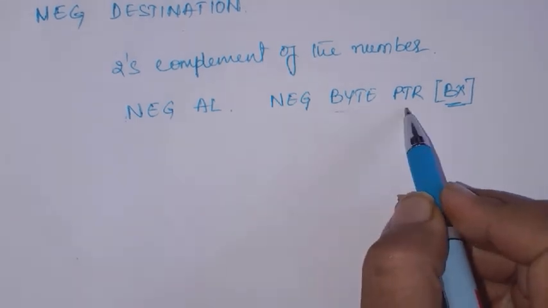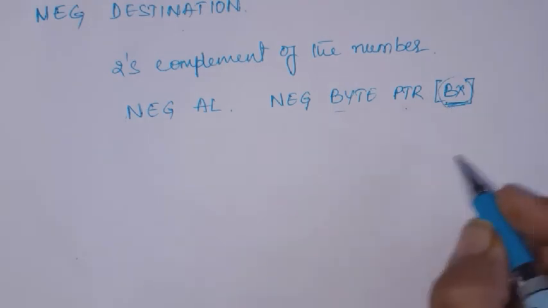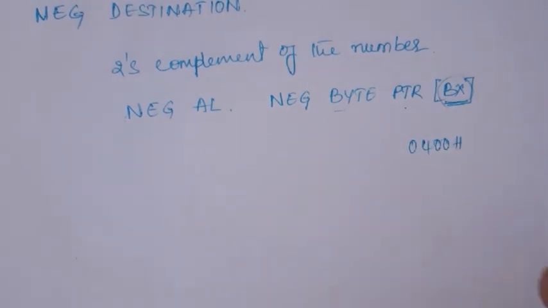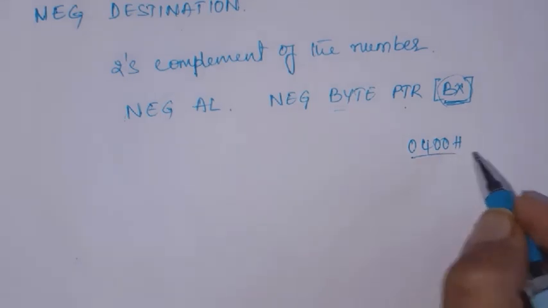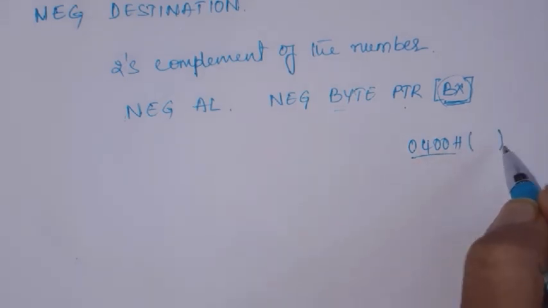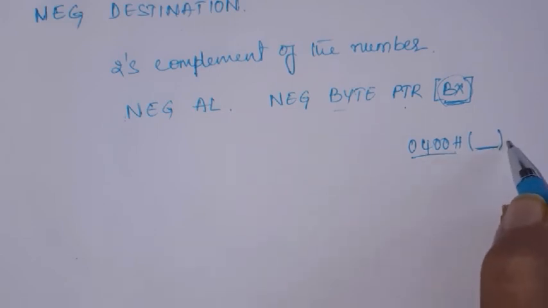Byte pointer means if suppose this BX register is pointing to location 0400H, this is the offset address. Only one byte which is present in this particular location will be negated.